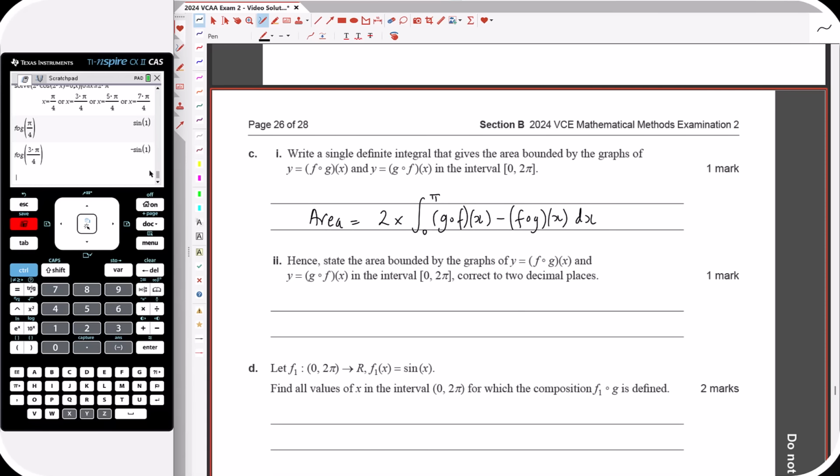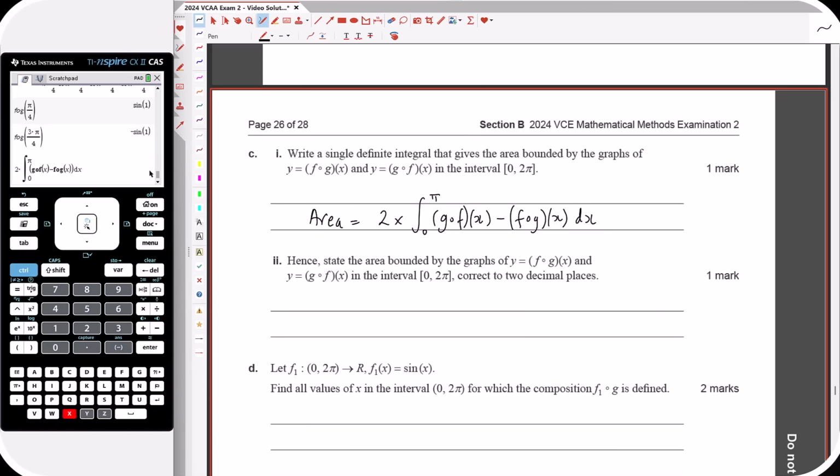Okay, hence state the area. So now we actually want to calculate it. So we're going to have 2 times the integral from 0 to pi of goff minus fog. You'll notice I've literally used goff and fog as the names of the functions.